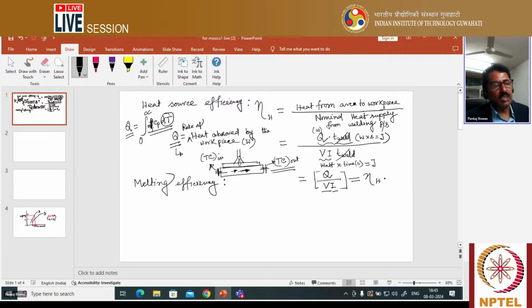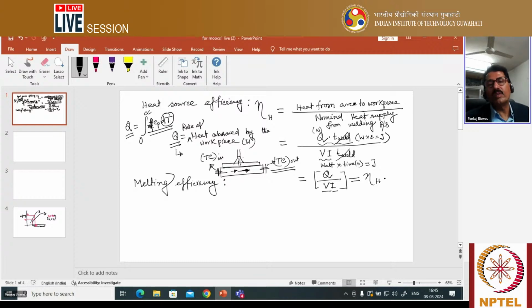I have already given you the detailed idea about different types of heat source efficiency. In case of TIG welding, what is the heat source efficiency? In case of SMAW welding? MIG welding, whatever the conventional welding processes are there. Most of the welding process details I have provided there.